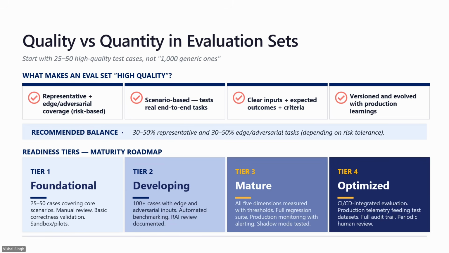Tier three is mature, which should cover all 5 dimensions. And then tier four is optimized: CI/CD integration, evaluation telemetry feeding the data set, periodic human review, and the full audit trail, for high risk or high volume workflows.